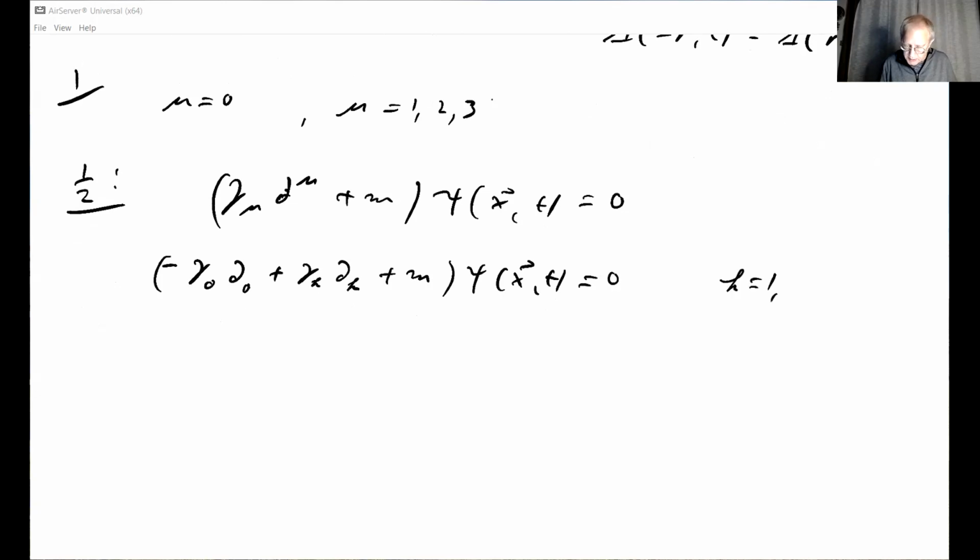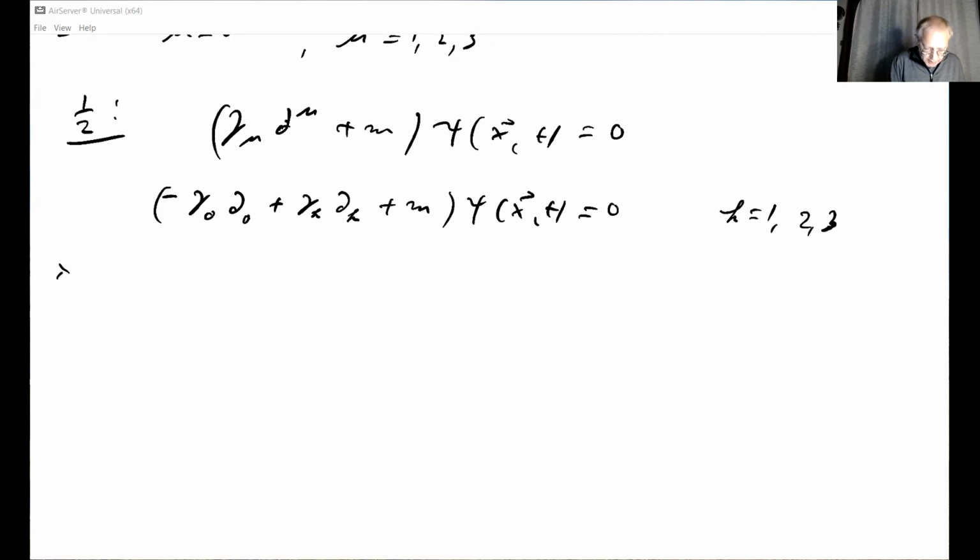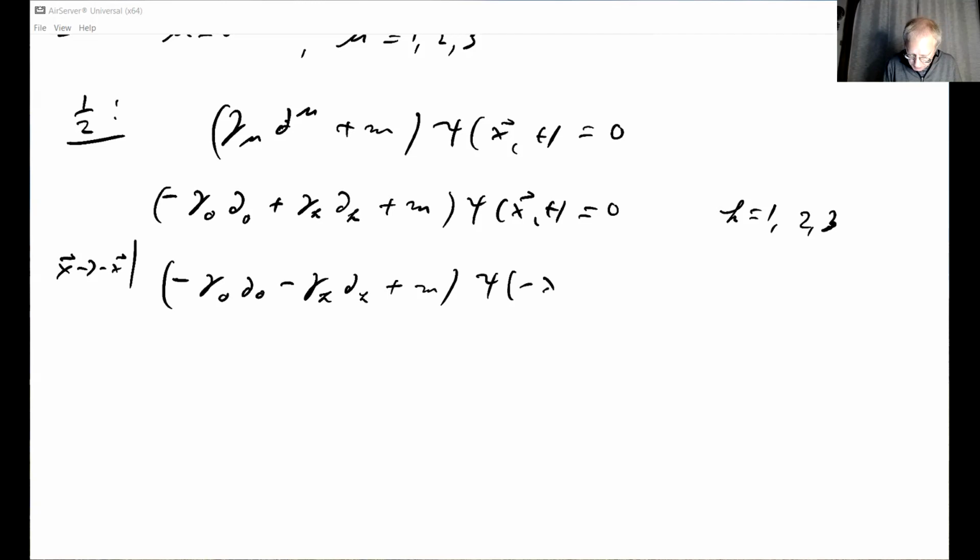Now I change x to minus x in this equation. That means nothing happens to the first term, minus gamma 0 d0. But if I change x, then the differentials here pick up a minus sign. So I have minus gamma k dk plus m. And I also change here the sign of the x in the argument of psi.